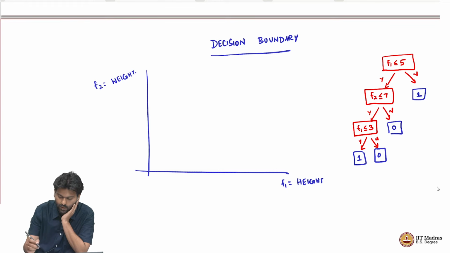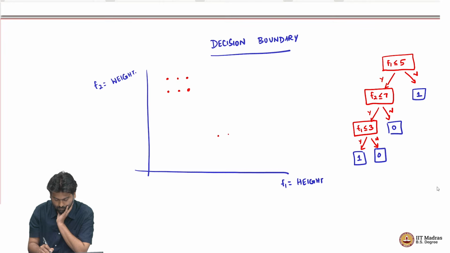Well, this is the tree, and what was the data set that we had? Well, I should also mention the data set. Maybe your data set is something like this. Maybe you have a bunch of points here, and maybe you have a bunch of points here. And maybe you have an outlier here.